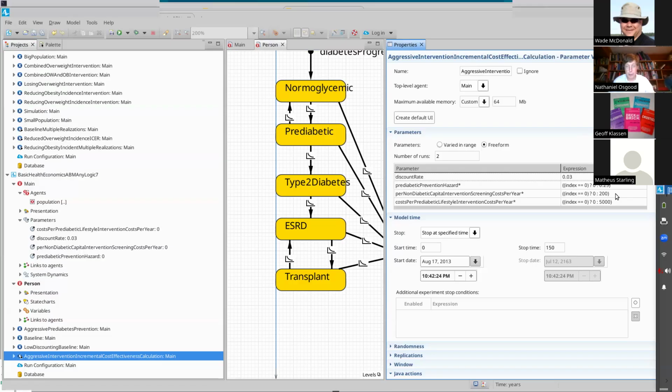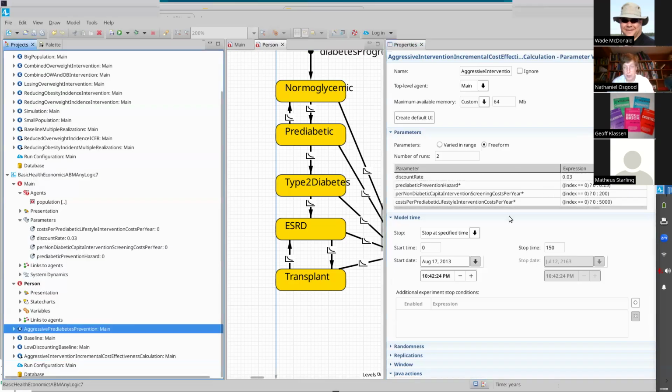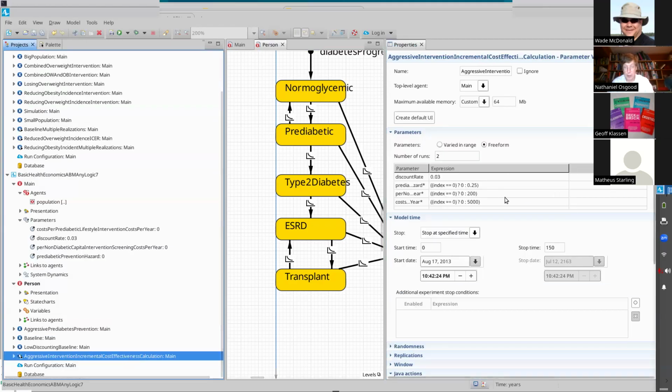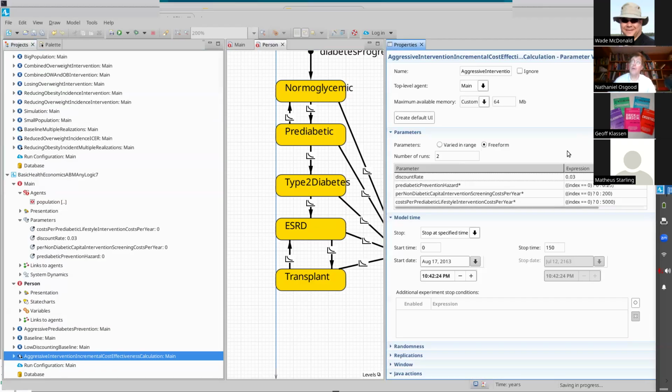This intervention screening described here is $200 for the aggressive pre-diabetic prevention intervention, 0 otherwise. And again, that reflects the $200 here. And similarly with the $5,000 per year for maintaining them in their walking groups and motivational support, etc. Maybe sending them reminder messages or what have you.